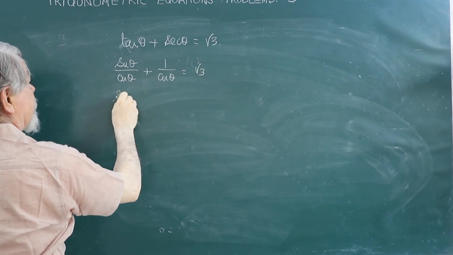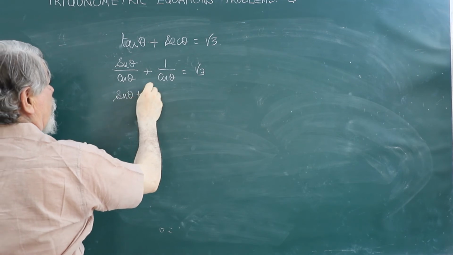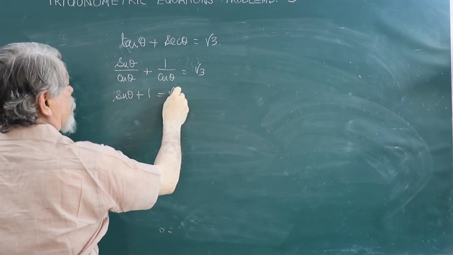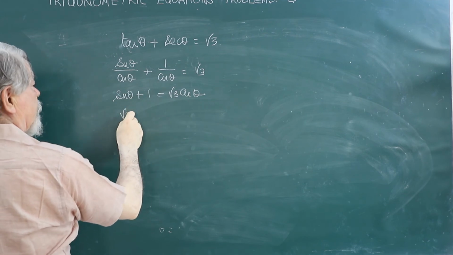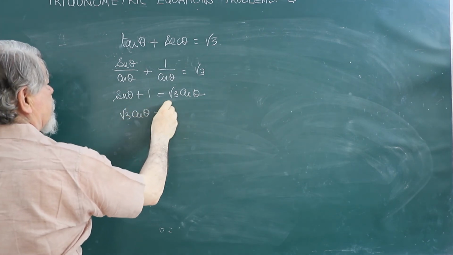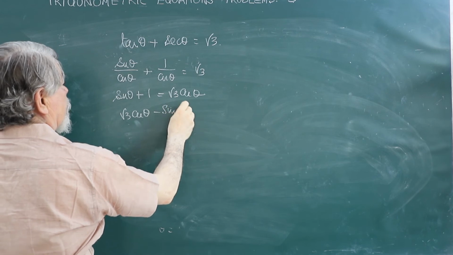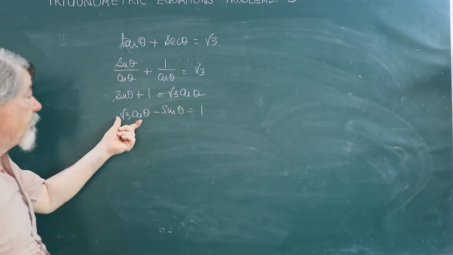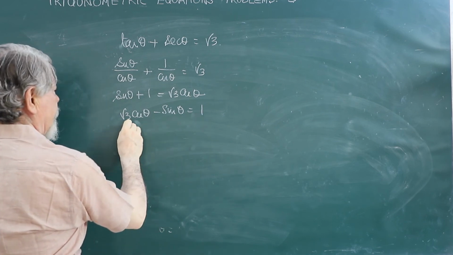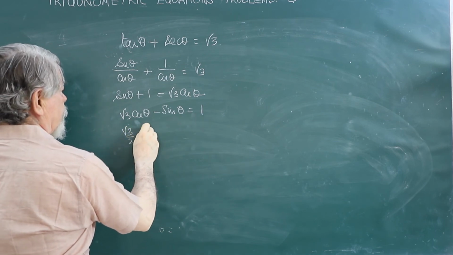We did sine theta plus 1 is equal to root 3 cos theta. We transferred it to this side, root 3 cos theta minus sine theta was equal to 1. We said divide the whole equation by 2. We divided this by 2, but we did not divide it here by 2. So that was the mistake.